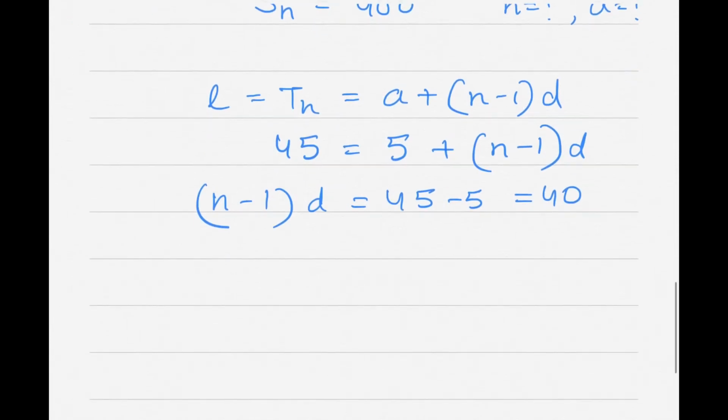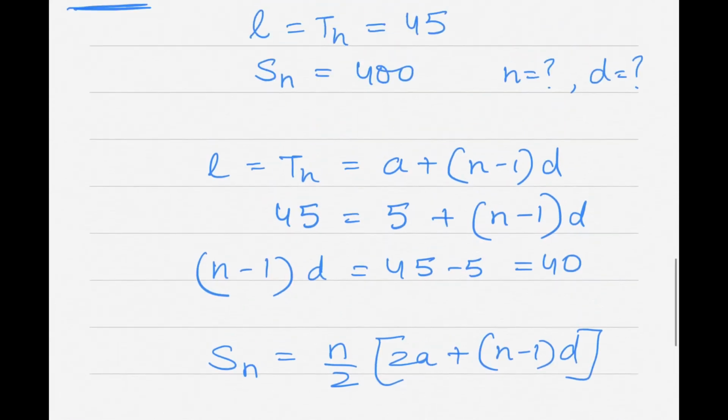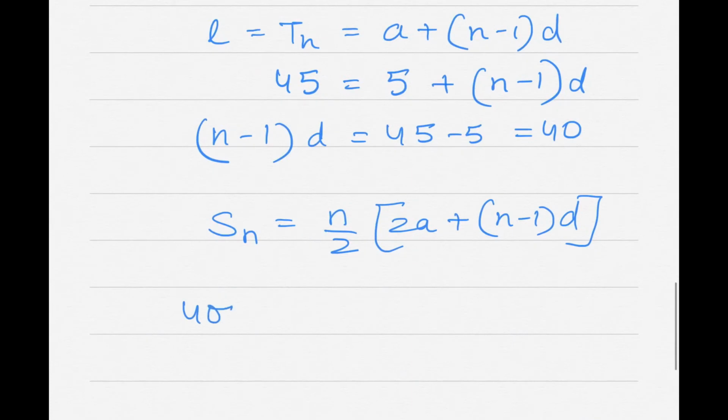Okay. Now second thing, Sn formula, sum of n terms is equal to n by 2 into 2a plus n minus 1 into d. Okay, now sum of n terms is given as 400. So 400 is equal to n by 2, and n I don't know, a I know.